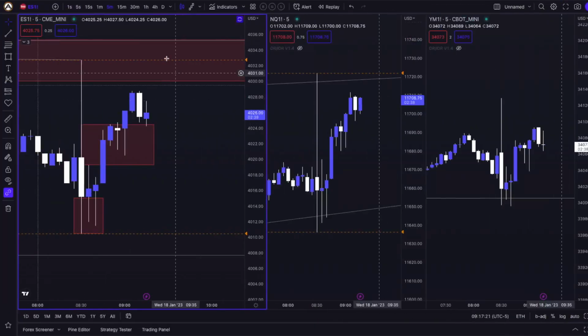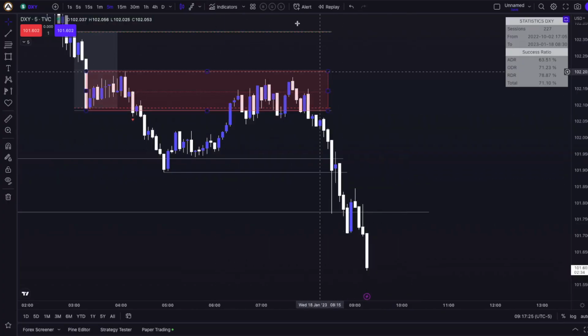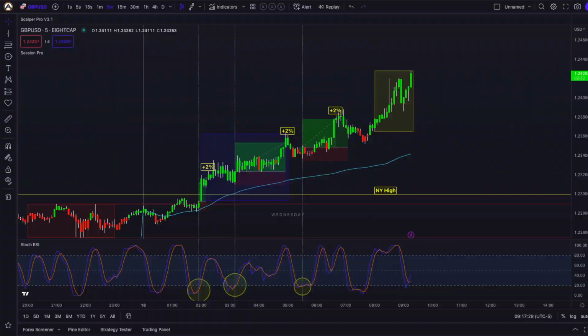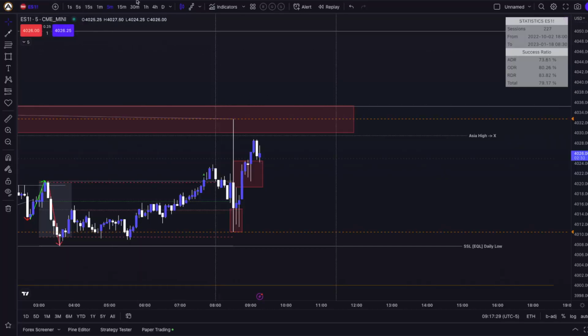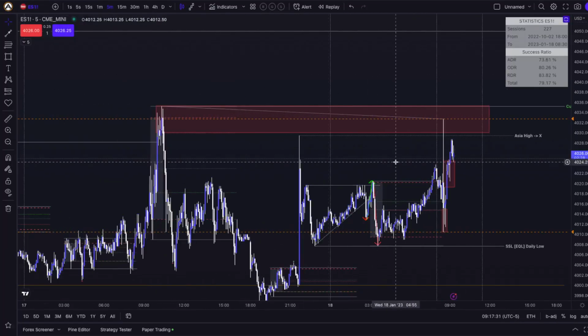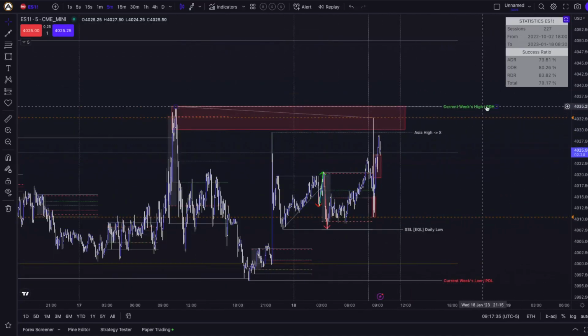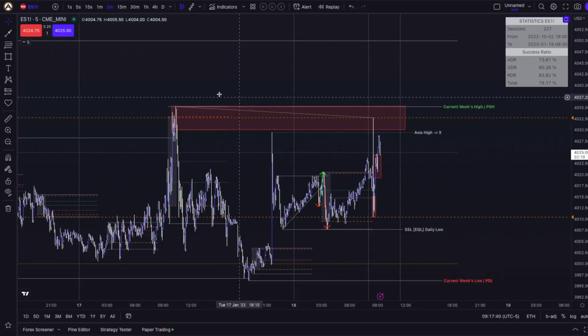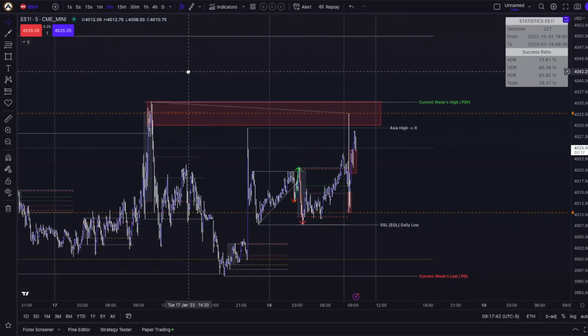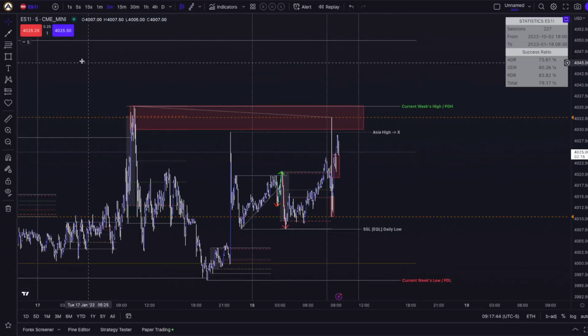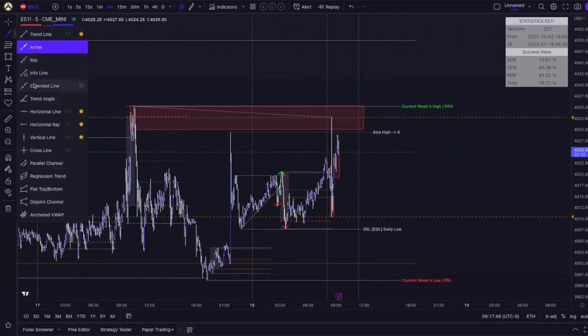We already have most of them on our chart since DXY should be dropping hard. If we go over to our chart right here, we have those levels already on our chart. We have our current week's high and our previous day high, which is the 40.35 level right here. 40.36 is what he mentioned, and the next target after that to reach for 40.40.